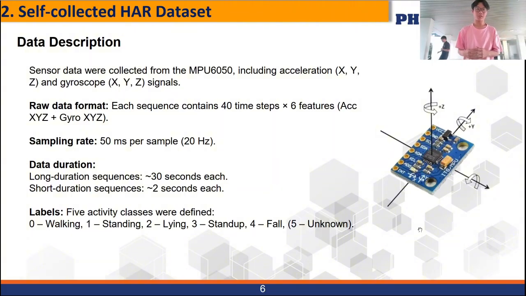First, we will describe our data. Our data is collected from the MPU sensor, including 3 axes of acceleration and gyroscope signals. Each sequence contains 40 time steps and 6 columns of features.